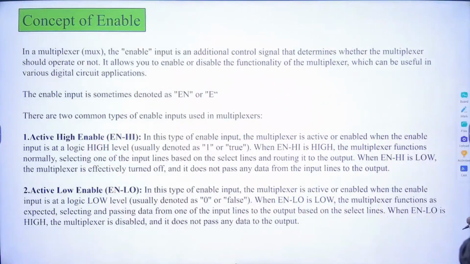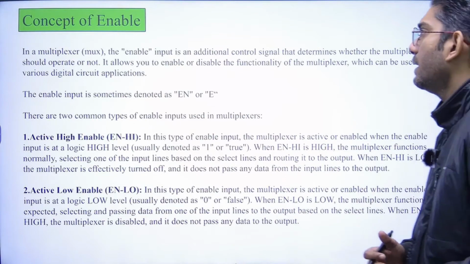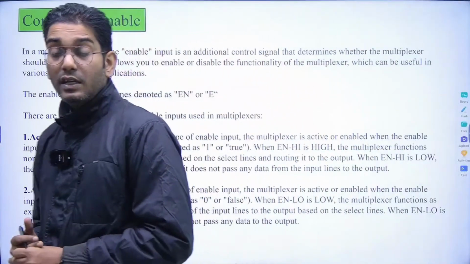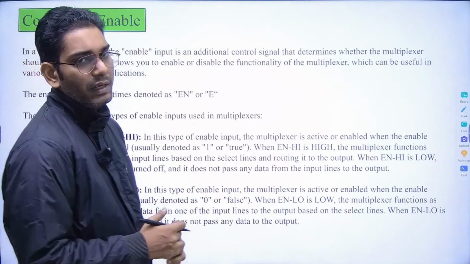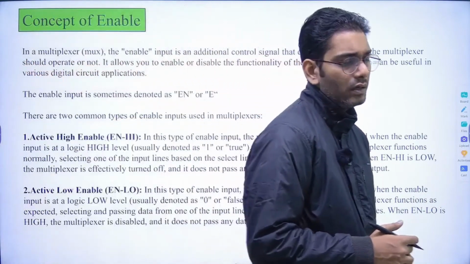In a multiplexer, the enable input is basically an additional control signal that determines whether the multiplexer should operate or not.